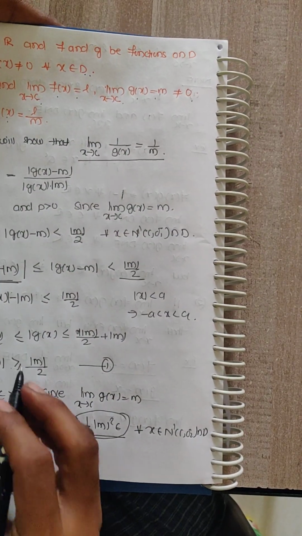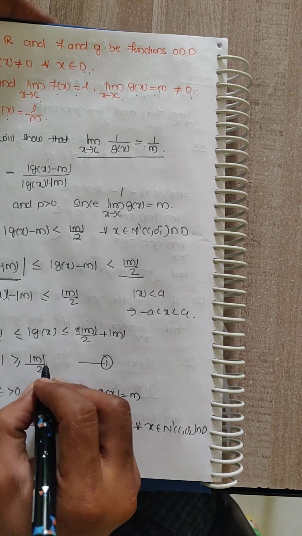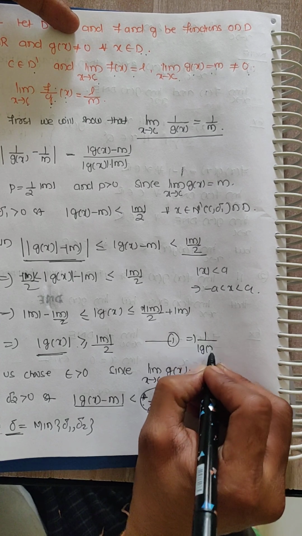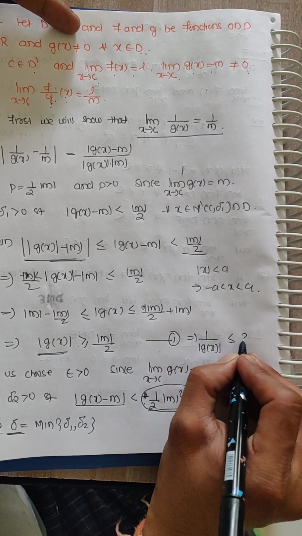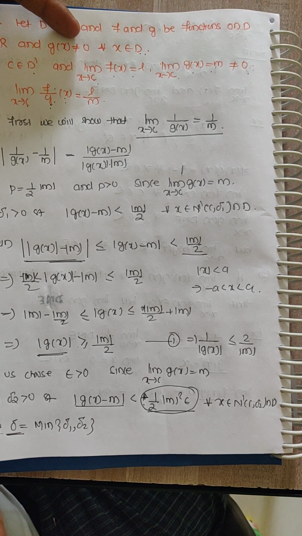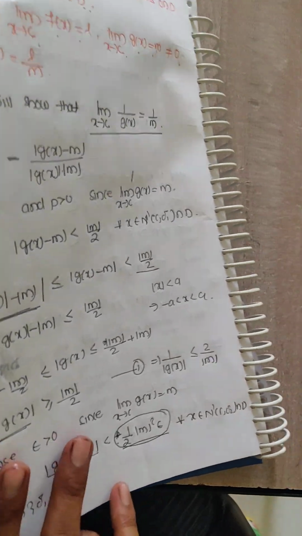Now 1 by mod g x is greater than mod m by 2 implies, taking the reciprocal, that 1 by mod g x is less than 2 by mod m.